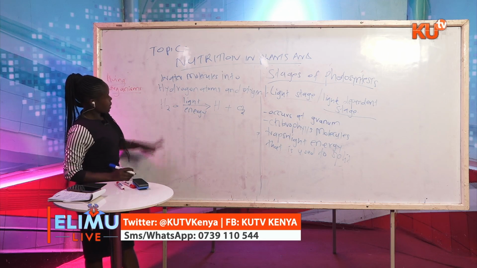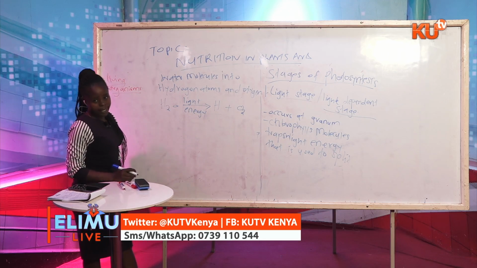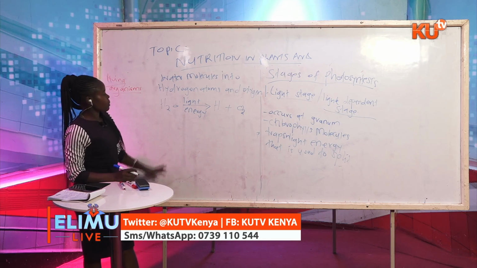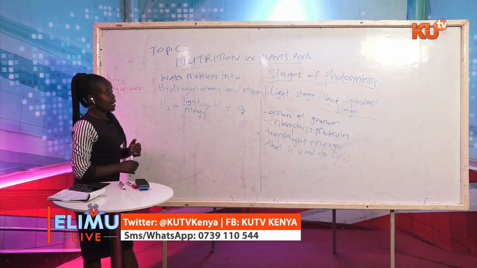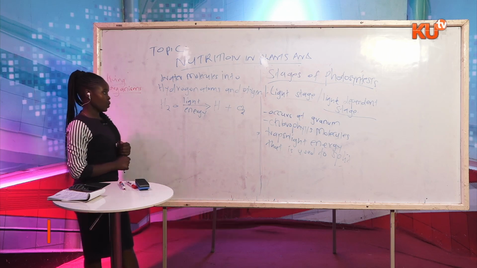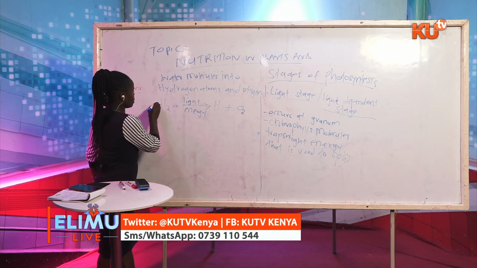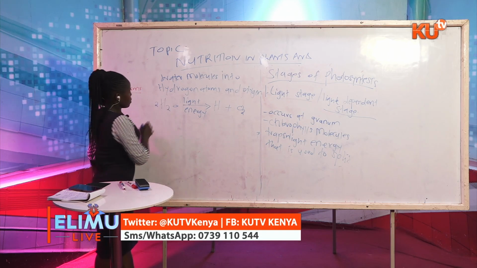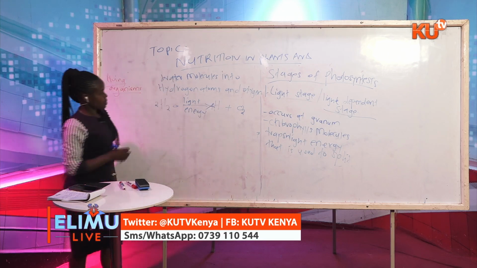So the chlorophyll molecules trap the sunlight energy that is used to split the water molecules into hydrogen atoms and oxygen. If I balance the equation, it will be like this.